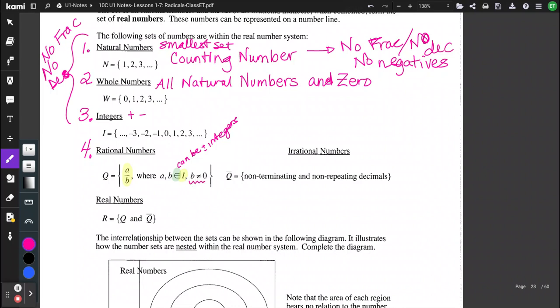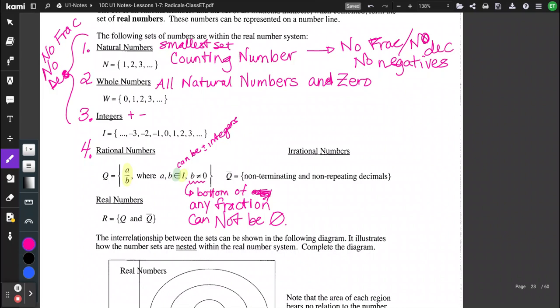All that means is the bottom of any fraction cannot be 0. That's what that's telling us, that b can't be 0.